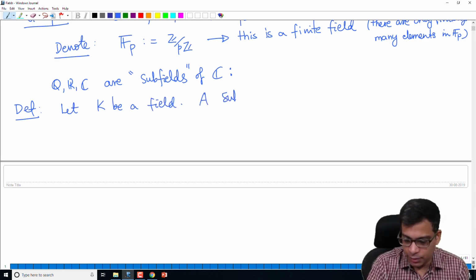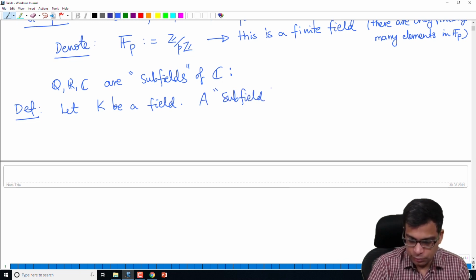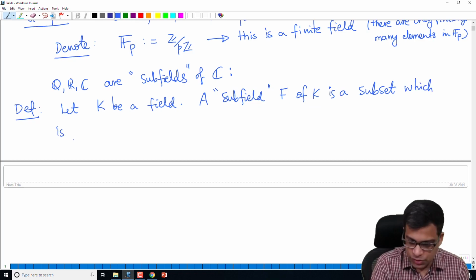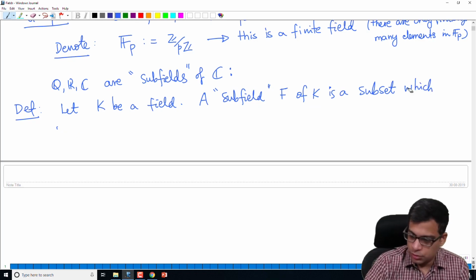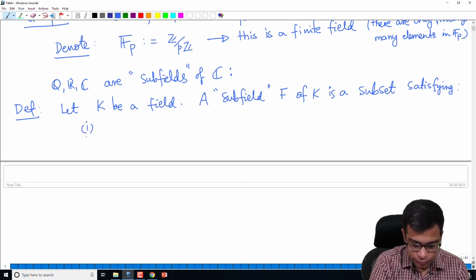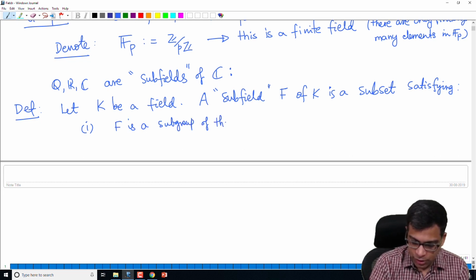A subfield F of K is a subset satisfying the obvious properties, right? One, F is a subgroup of the additive group.